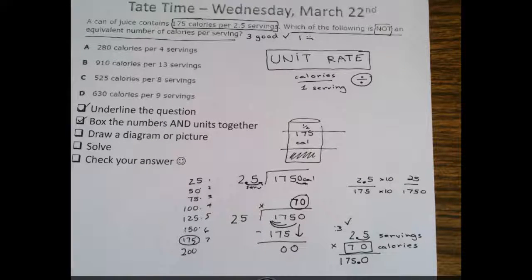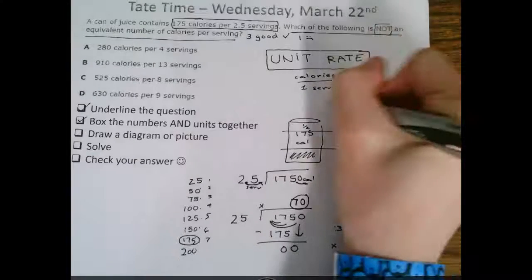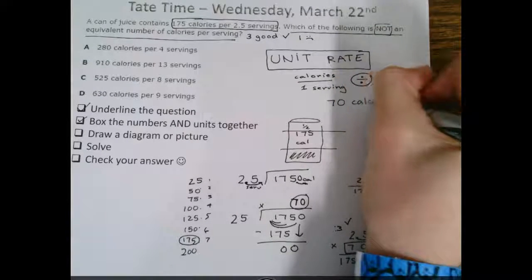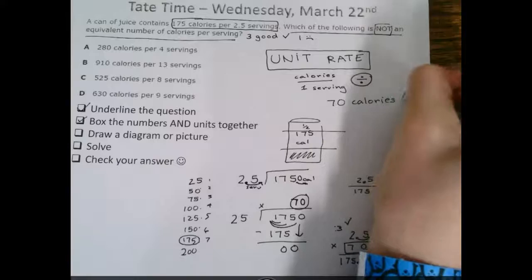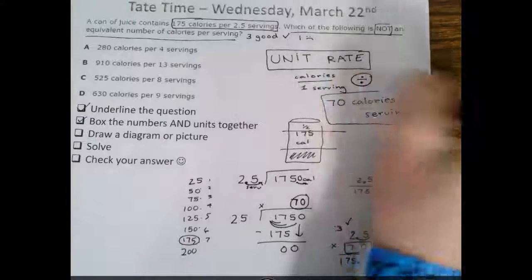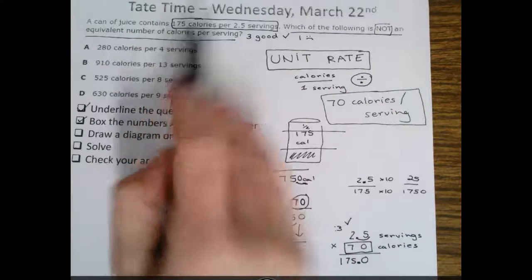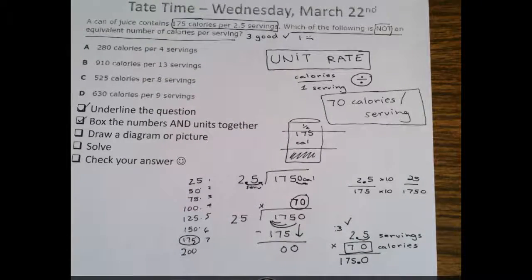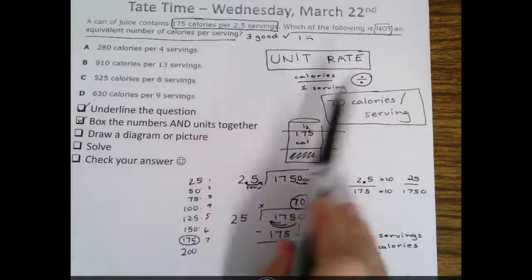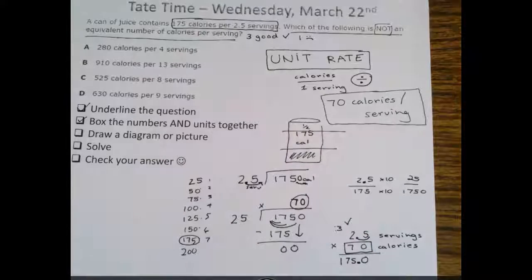Okay, so I know that the unit rate is 70 calories per serving. All we did was take 175 and divide it by 2.5, because this was the total, and divided by how many we wanted with the servings.